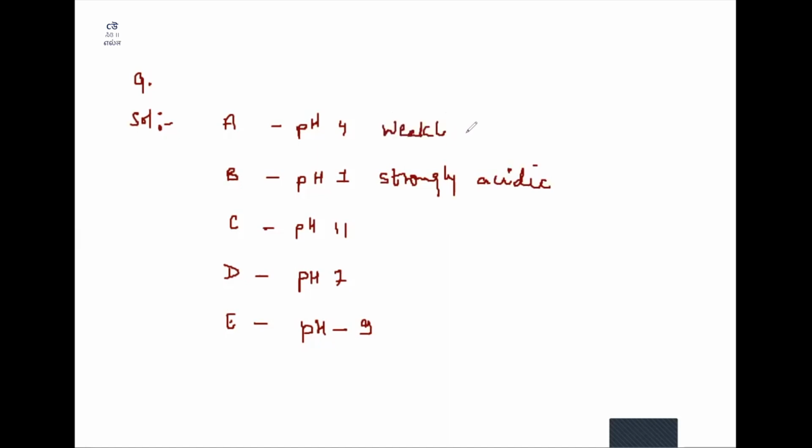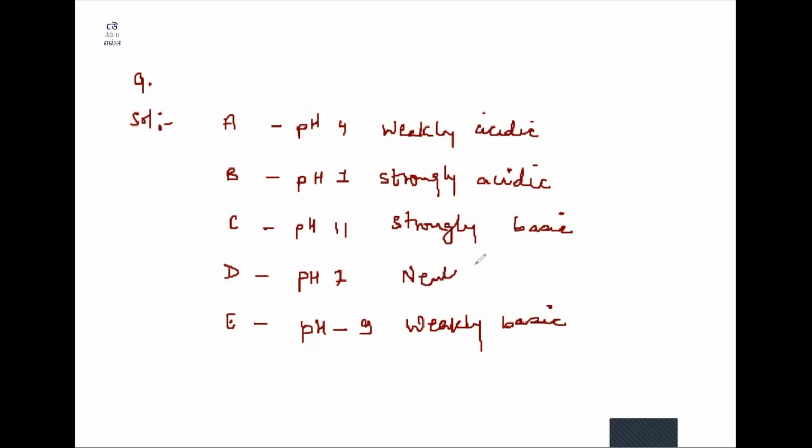Just like this, solution E will be weakly basic, but solution C will be strongly basic. And lastly, D has a pH value of 7, so we will say that it can be distilled water. That means it's a neutral substance. Alright, so this is how we can answer question number 9.